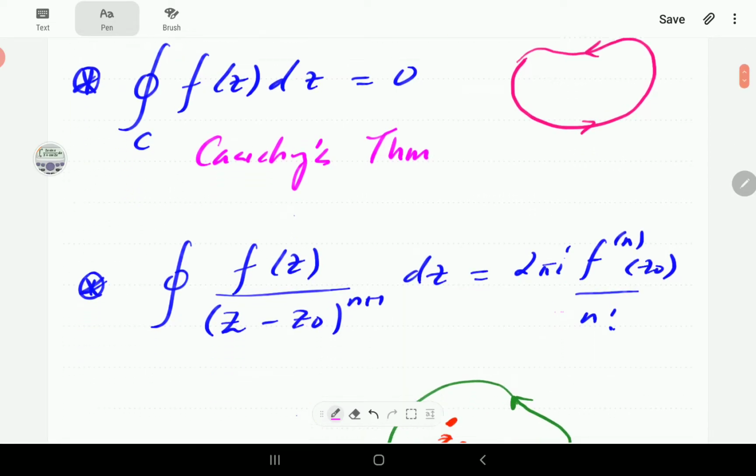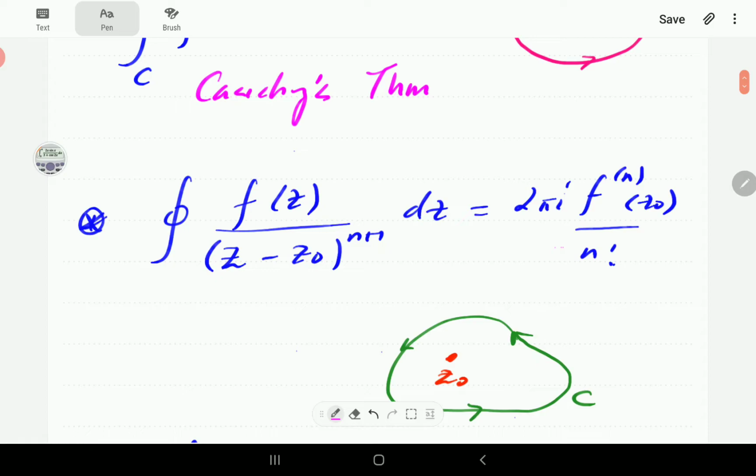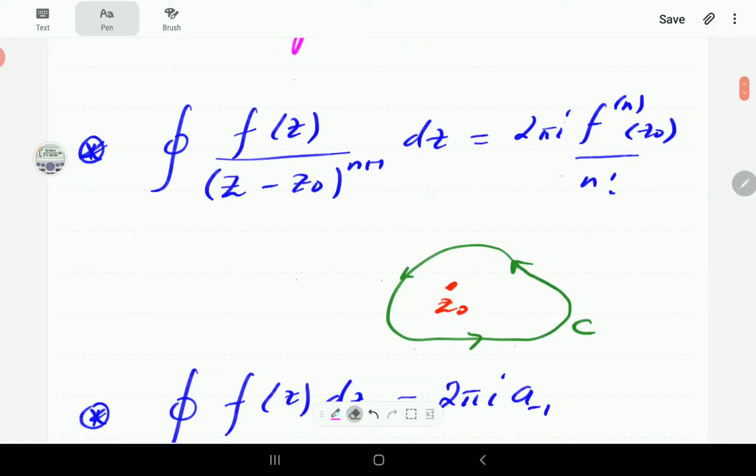Then we have also seen the case where you've got a simple closed contour and f is analytic everywhere here, but this integrand is going to be singular at z0. So then Cauchy's integral formula states that this integral is going to be given by that.